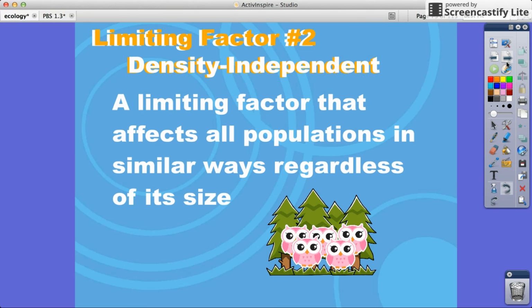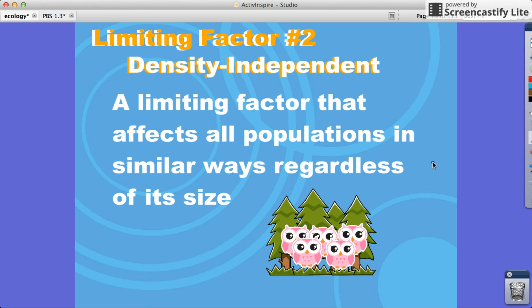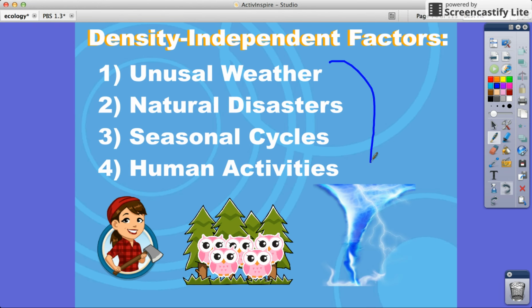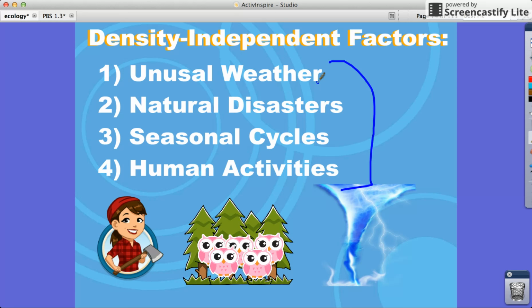Now we've got our second category of limiting factors, and there are only two, and that is density independent. Anytime we have a factor that happens regardless of how many animals there are. Doesn't matter if there's 2, 10, 5,000, the crazy rat population yesterday, this happens regardless of size. And here are some of those density independent factors. Unusual weather.